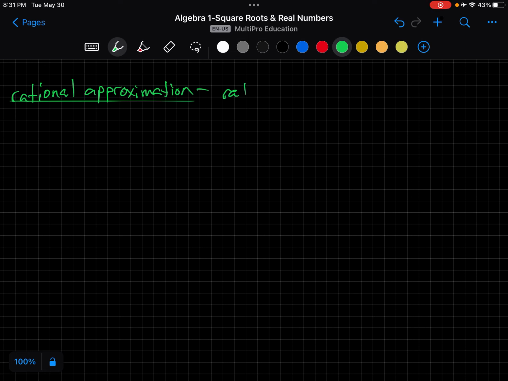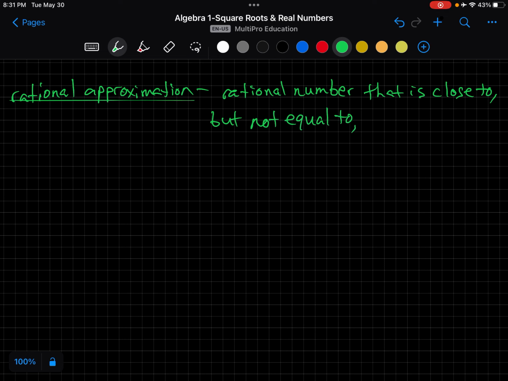This is when a rational number is close to, but not equal to, the value of the irrational number.